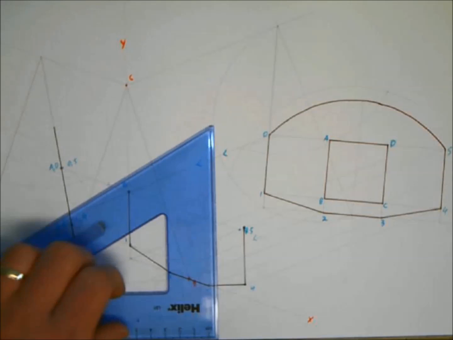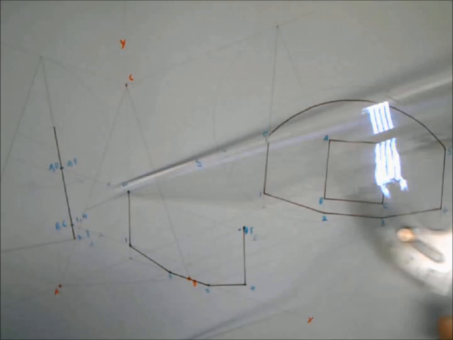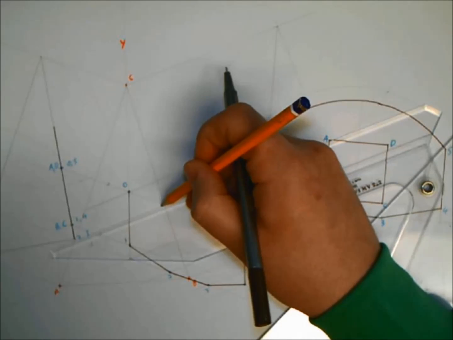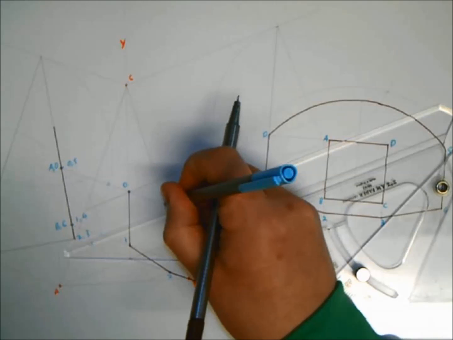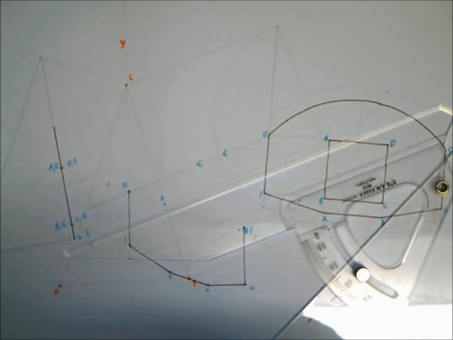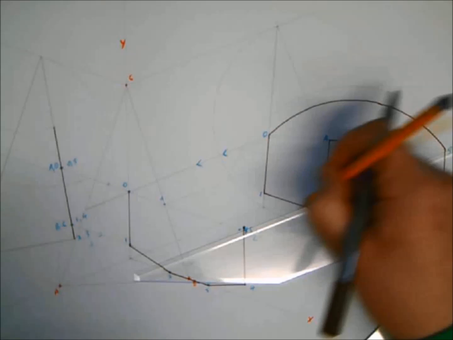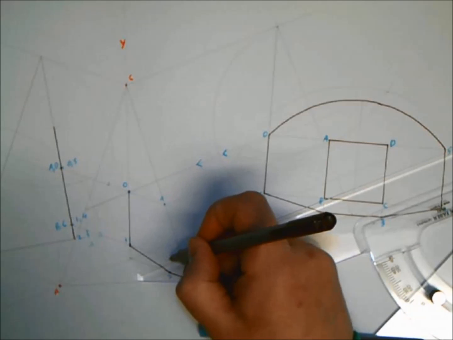Now, let's mark in A, B, C, and D. A is on the same height as 0 and 5, so that is A here. B is on the same height as 1 and 4, so that is B here.